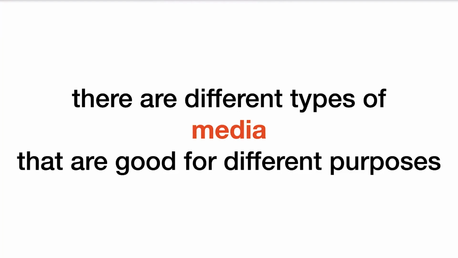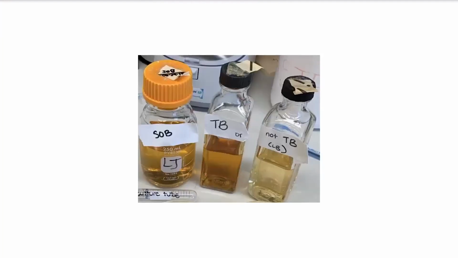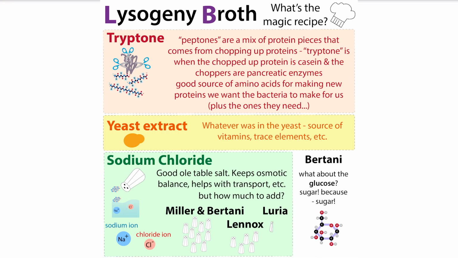And there are different types of bacterial media that are good for different purposes. And I want to go over some of the main ones, as well as some of the various definitions and terms we might use to describe media, such as defined media, where every ingredient is known, exactly how much of each ingredient there is, as well as undefined media, like your classic media, such as LB, which has things like tryptone, which is basically chopped up proteins, and you don't know exactly what's in there.